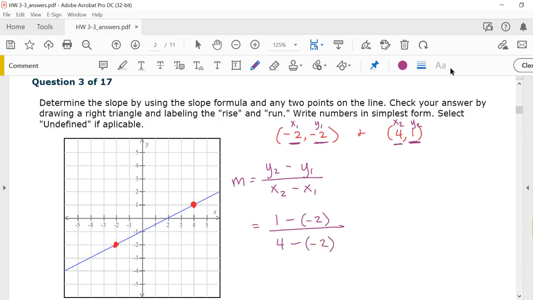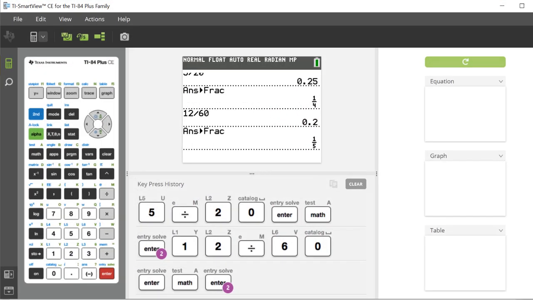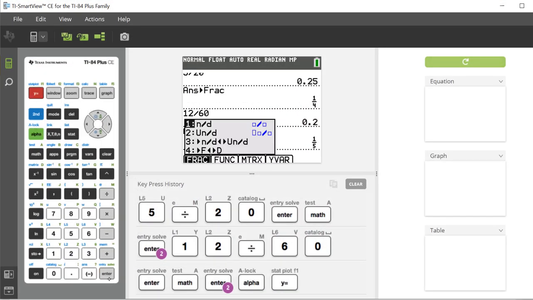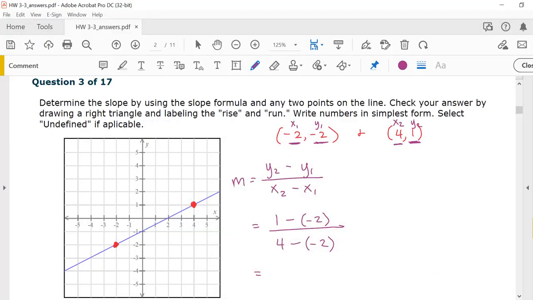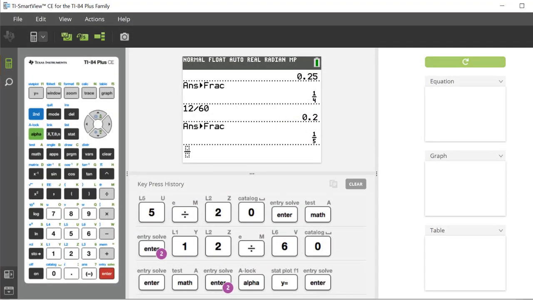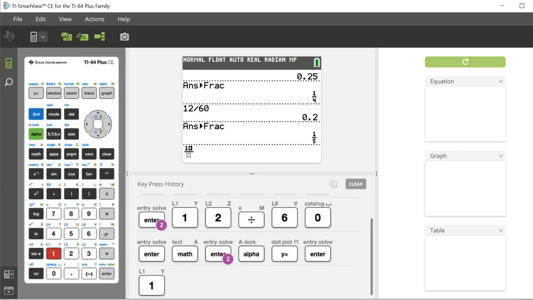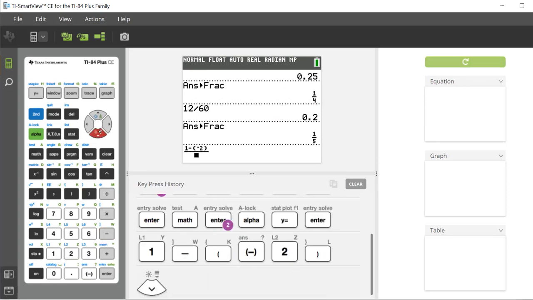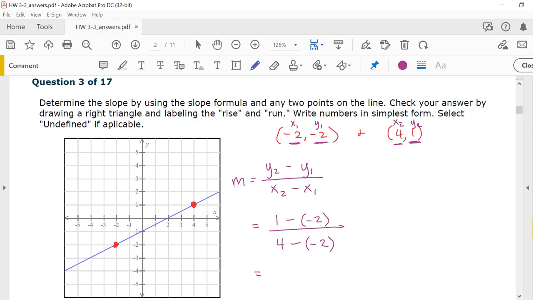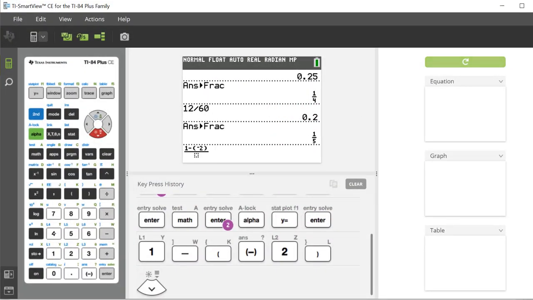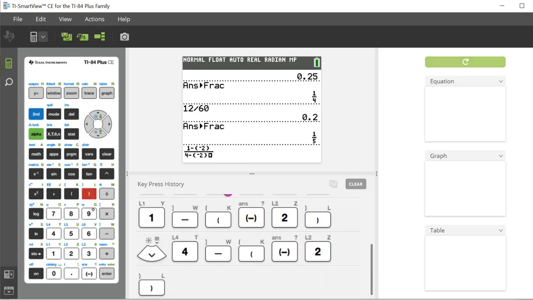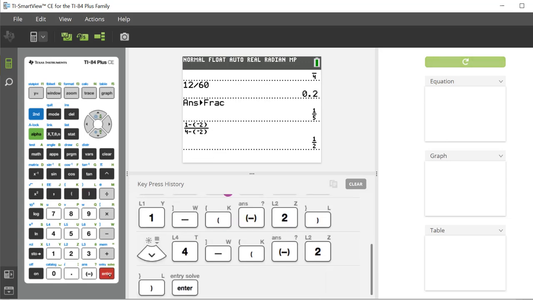Now, on my calculator, I'm going to type it in just like it looks. So I need to do a fraction. I'm going to type 1 minus -2 over 4 minus -2. That gives 1/2.